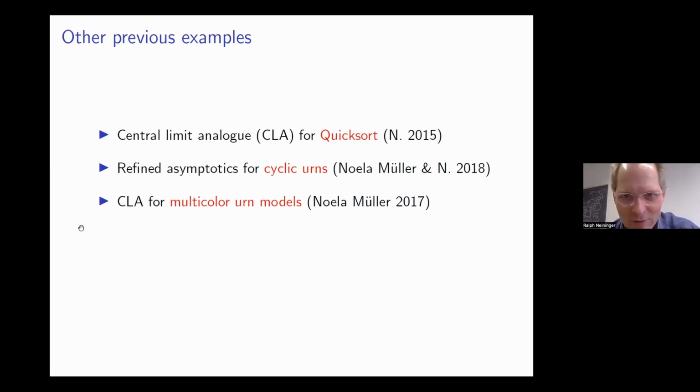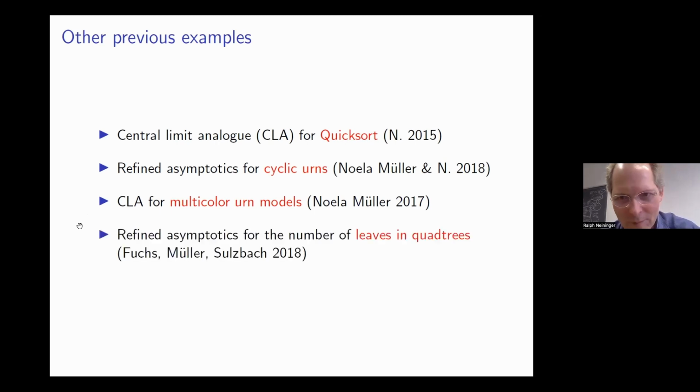And just to be independent of this martingale framework, I propose to study another problem, which is the number of leaves in quadtrees, where you may know that there's also a phase change for dimension 8. And for some refined asymptotics, Michael Fuchs, Noela Müller, and Henning Sulzbach also used the contraction setting to study this type of problem. I think this was presented at the AofA in Uppsala.